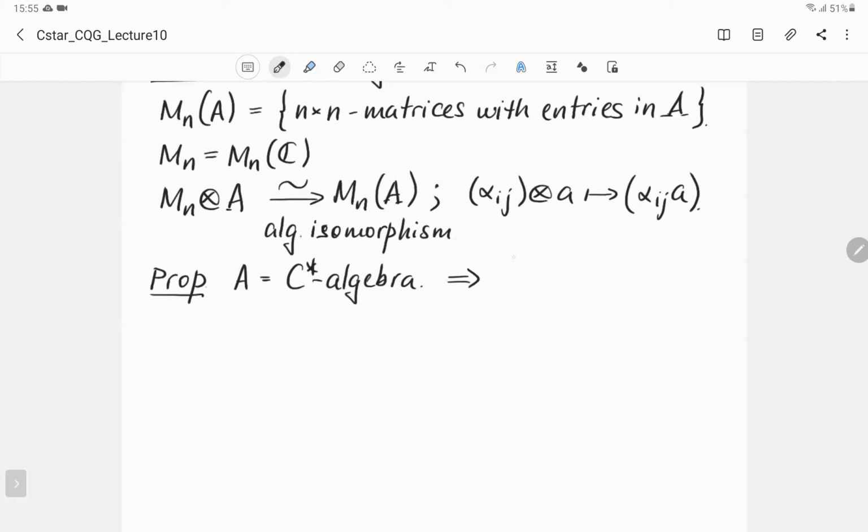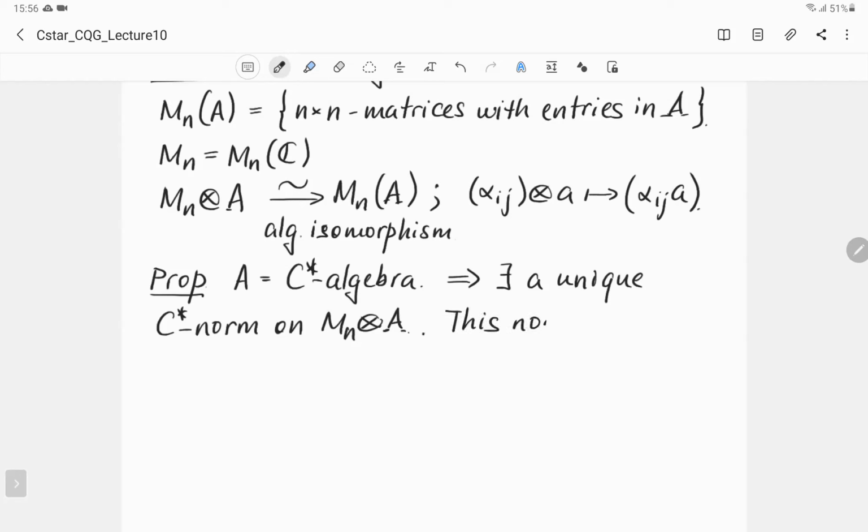Then there is a unique C-star norm on the tensor product Mn tensor A. And moreover, this norm makes the tensor product Mn tensor A into a C-star algebra.